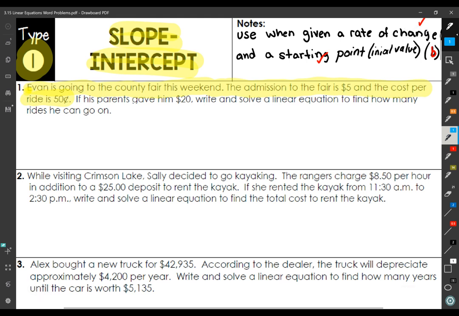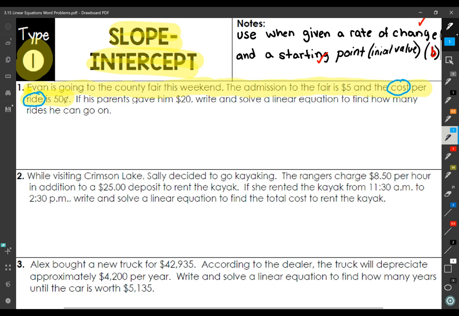First of all, what are our 2 variables? We have cost, and we also have number of rides. Which of those is our independent variable, and which is our dependent variable?